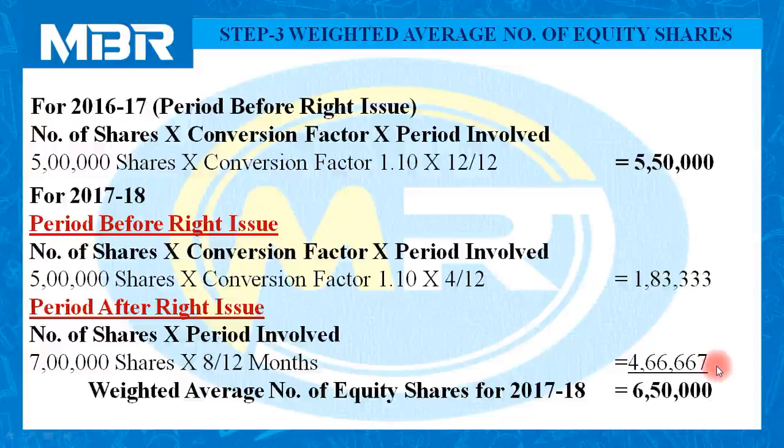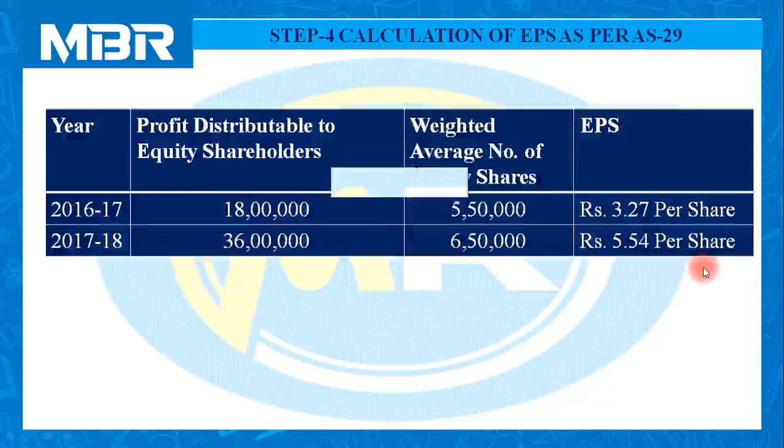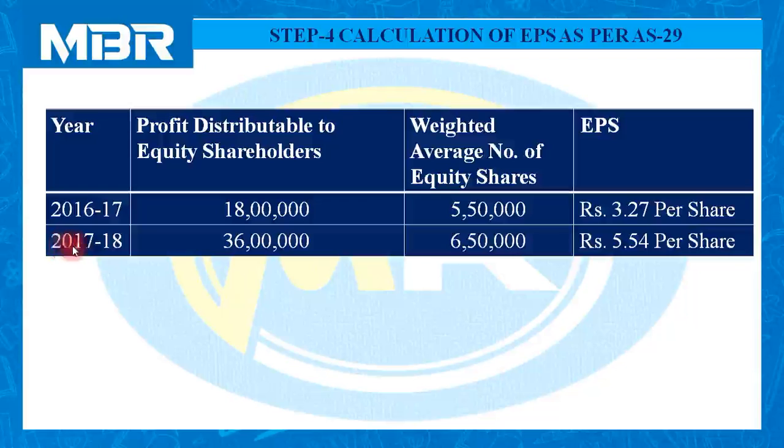After the calculation of weighted average numbers of equity shares, let us move to step number 4. It is the last step of our solution. Step number 4, calculation of EPS as per AS 20, not 29, AS 20. Year 2016-17, 2017-18.